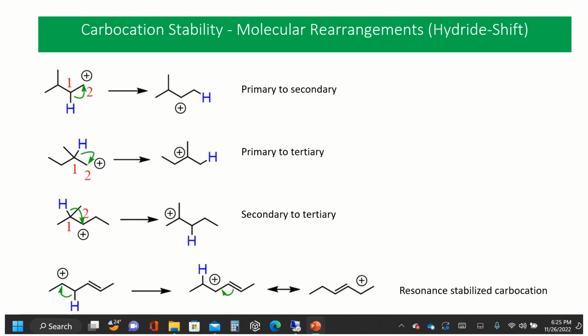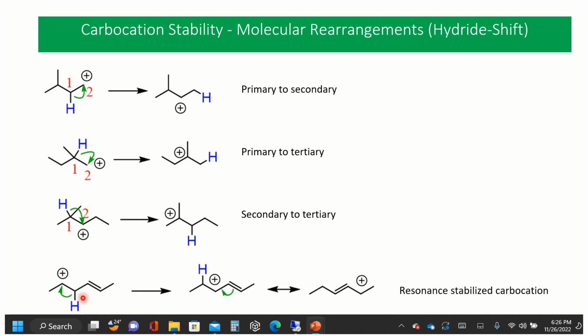These are the type of shifts, hydride shifts, that will occur if there's a possibility. So we can go from a primary carbocation to a secondary. Here we have a primary to a tertiary. Here we have a secondary to a tertiary.